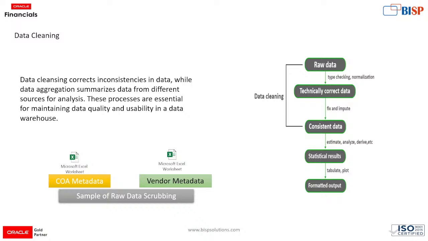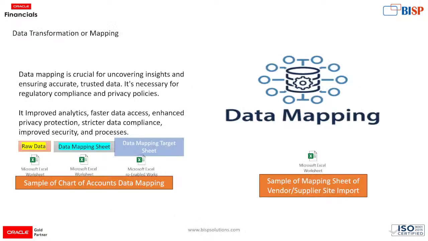So moving to the next slide, data transformation and mapping. Data mapping is an essential process in managing and integrating data between the source and the target. Here we are talking about the QuickBooks and Oracle Fusion systems.